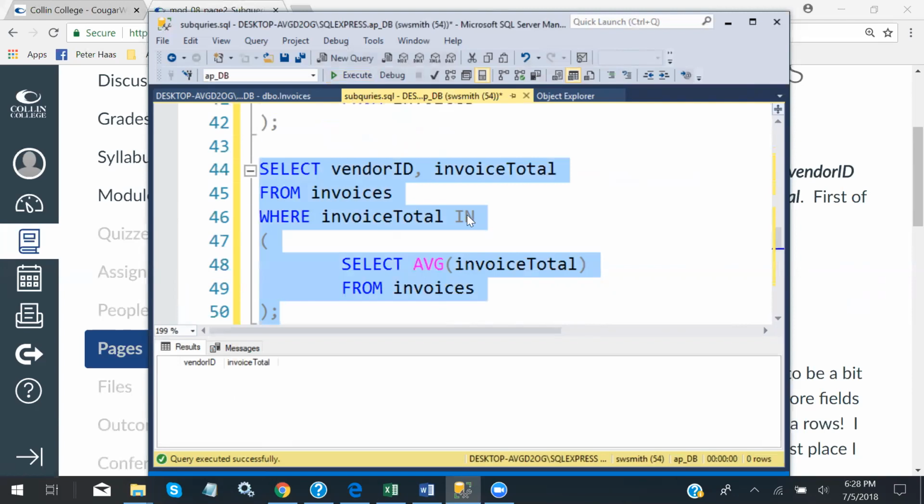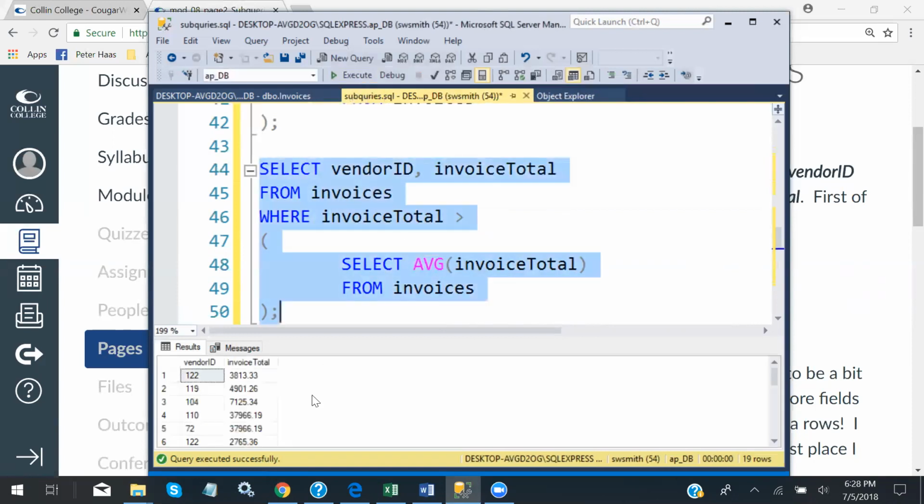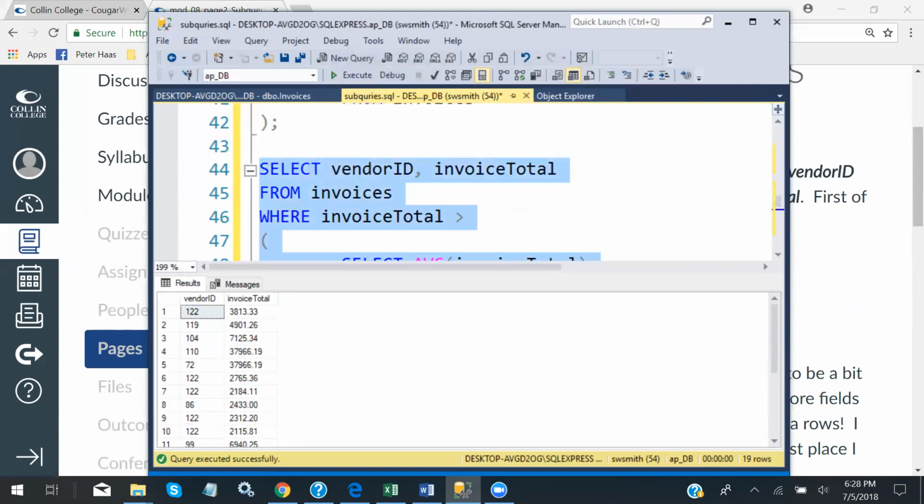So typically what I will do is say where invoice total is greater than or less than, let's say greater than, select average. Now, these 19 rows show me the vendor IDs whose invoices are greater than the average invoice.